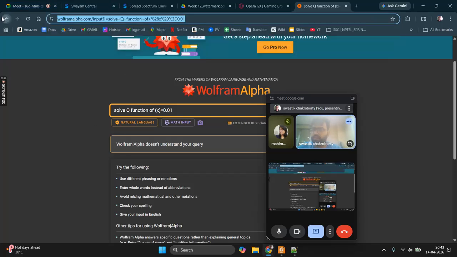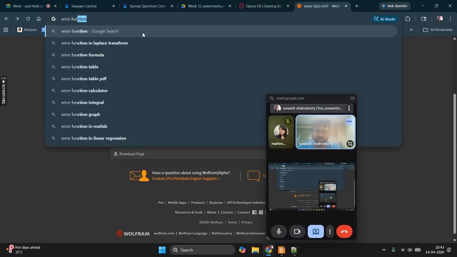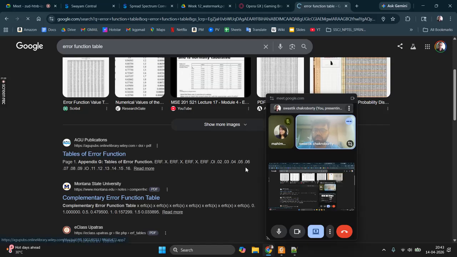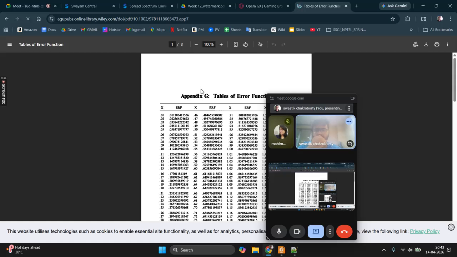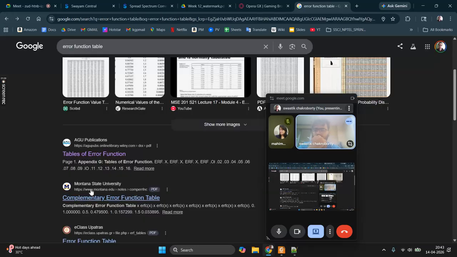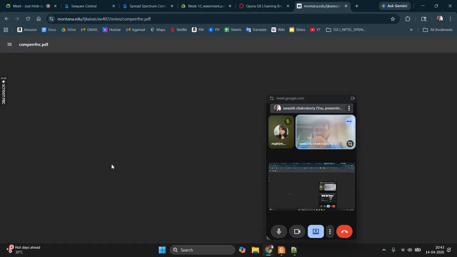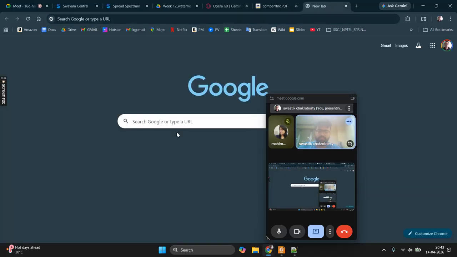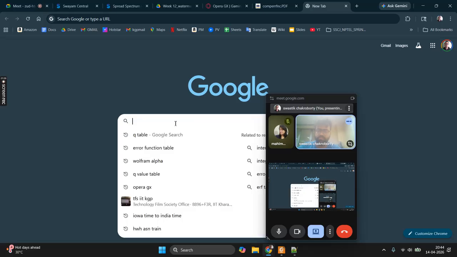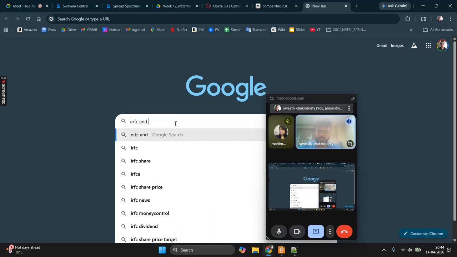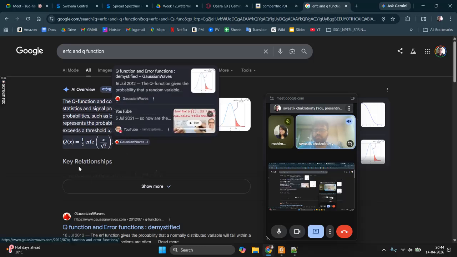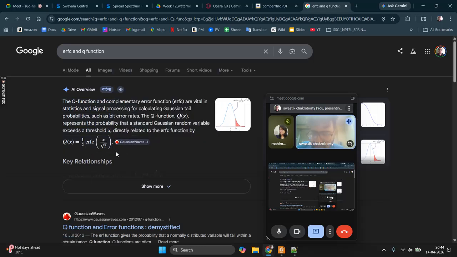So the Q function is half ERFC of x by root 2.